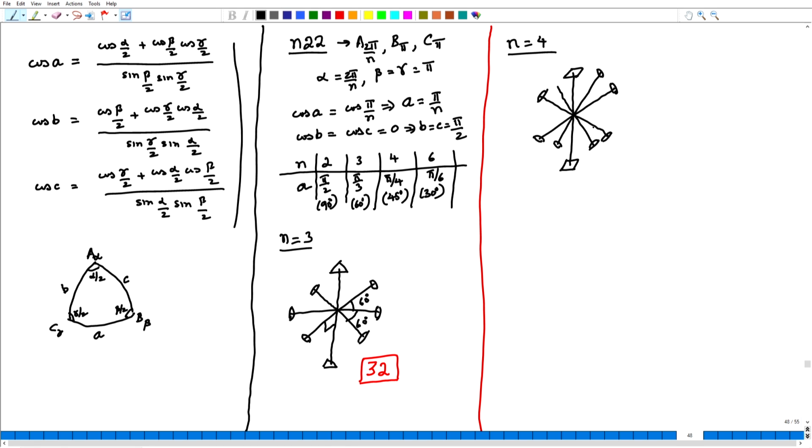Again the two-fold rotation axes are in the same plane. This time the angle between the two-fold rotation axes has to be 45 degrees, while the two-fold rotation axes will be perpendicular to the four-fold rotation axis. So, this is another point group which we can give a notation of 4 2 2.